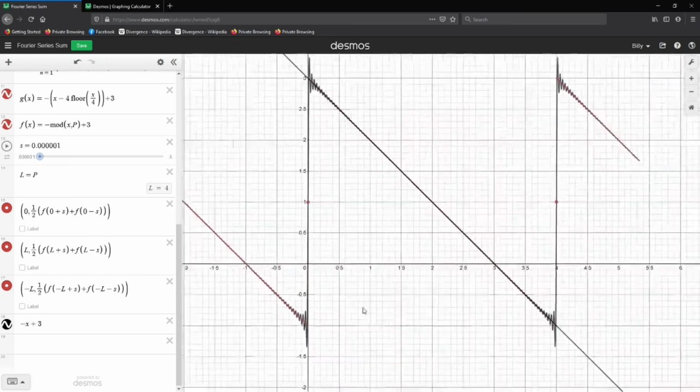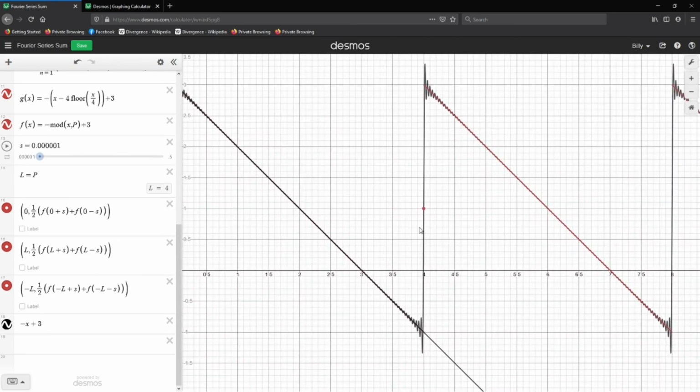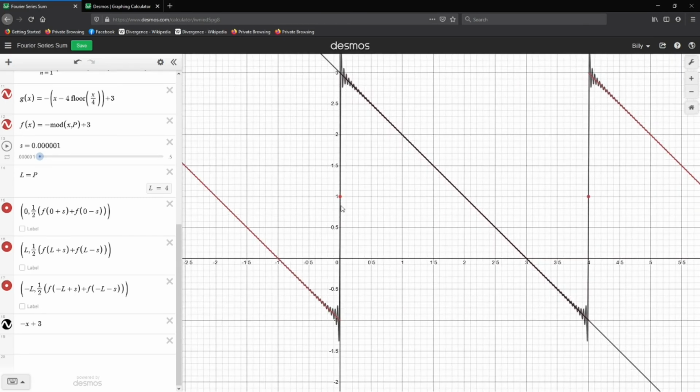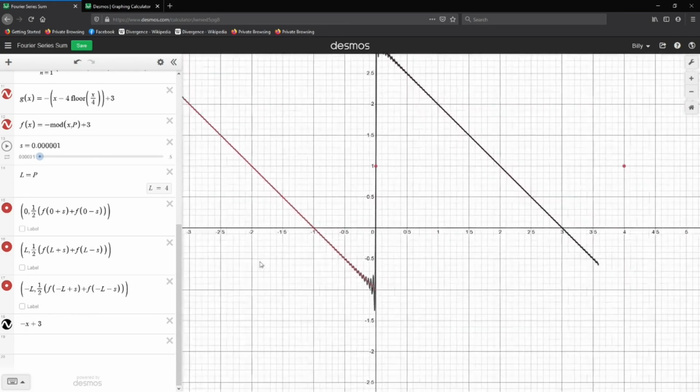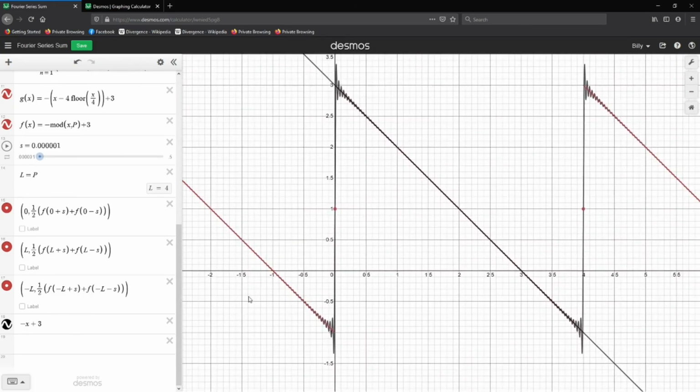Even at these boundary points, the Fourier series will converge exactly to the average of the limit of the function from the right and the limiting value of the function from the left. In this case it's this point right here, and in this case it's this point right here, and so on. This happens at every point, but we'll make that more specific in a little bit.